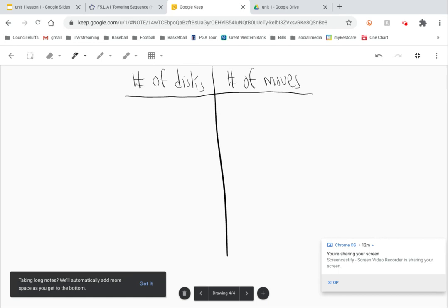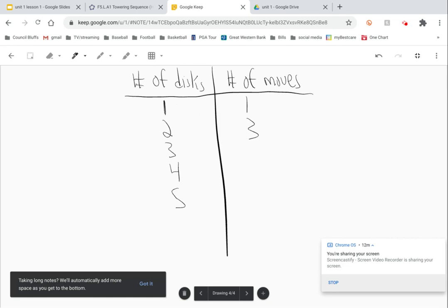So obviously, if I only have 1 disk, it's only going to take 1 move. And we saw before, when I did it with 2 disks, it took 3 moves. And what I asked you to do is to try it with 3 and 4 and maybe 5 and see if you can solve it.